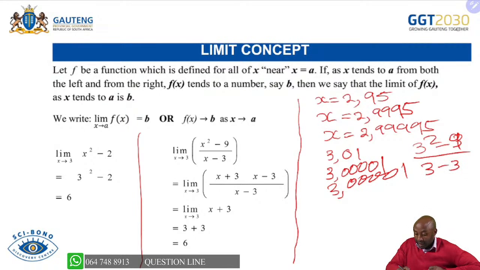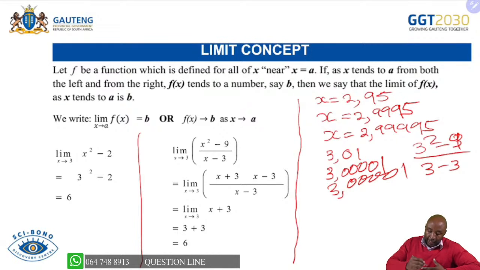And you are able to see that the denominator becomes 0, and we cannot evaluate a fraction where the denominator is 0. So it means when we need to evaluate a limit, we need first of all to do something that we did some time back.